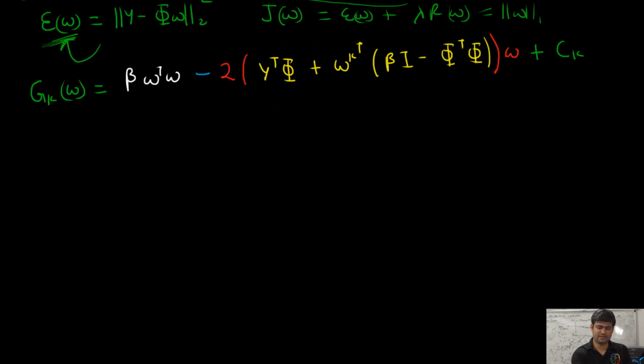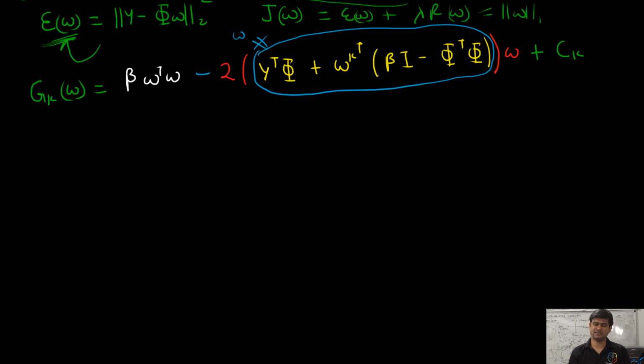So now we can see that this term inside the bracket doesn't depend on the parameters w. So we can write it as some constant beta times b transpose, so b is going to be the transpose of the term inside this bracket, this blue circle, divided by beta.